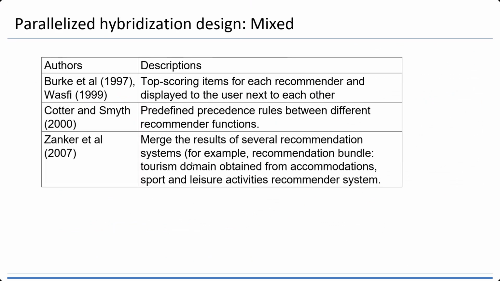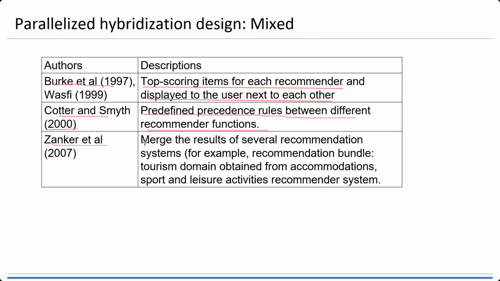So let's take a look. In the mix strategy, there are some works like here. They use the top scoring items for each recommender and display them to the user next to each other. This research used predefined precedence rules between different recommender functions.